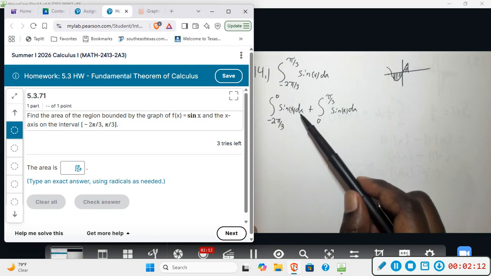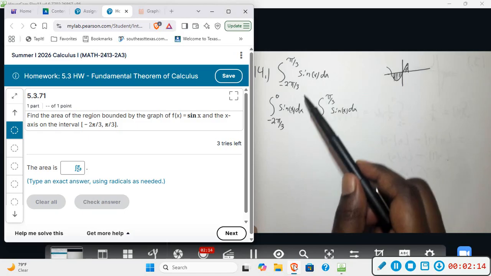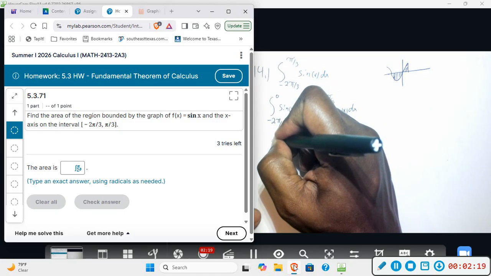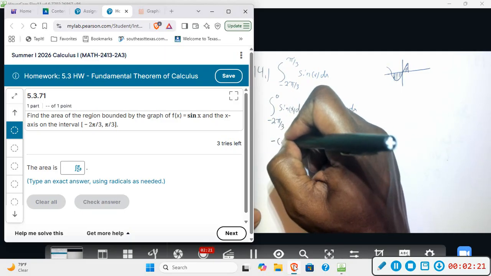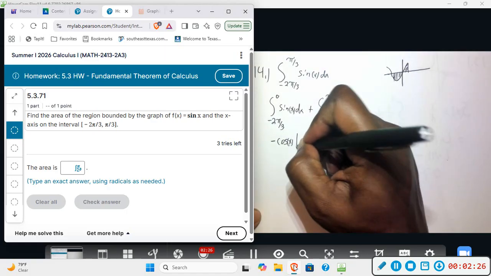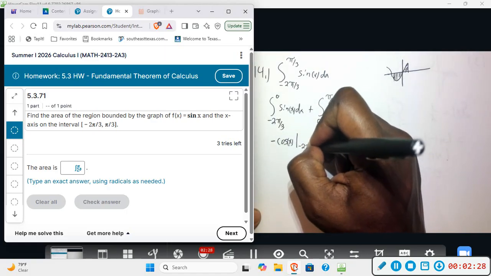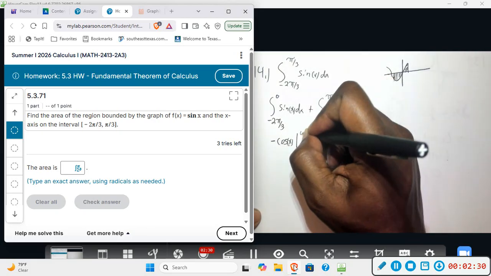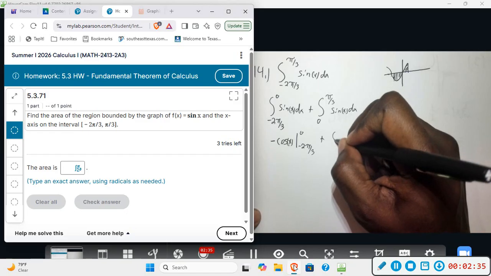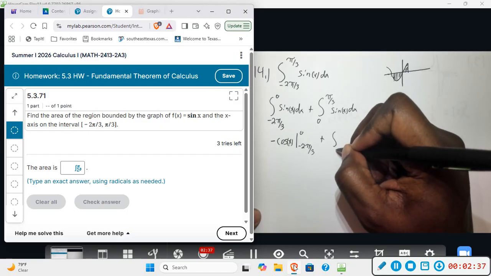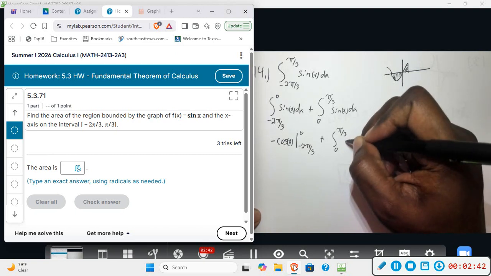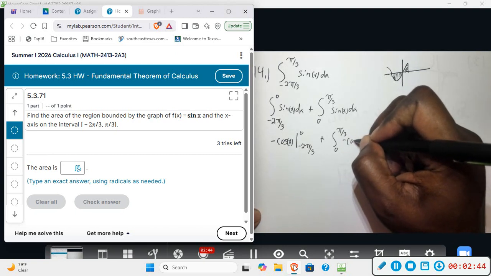So going backwards, the integral of positive sine is going to give us a negative cosine. So we'll have a negative cosine of x evaluated from negative 2 pi over 3 to 0, plus the integral from 0 to pi over 3 of negative cosine.